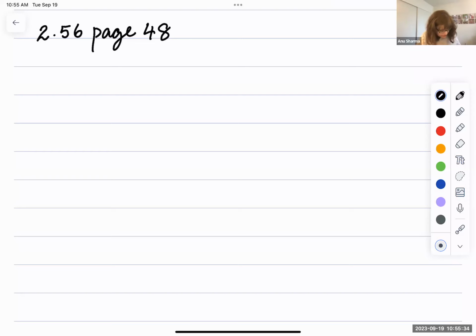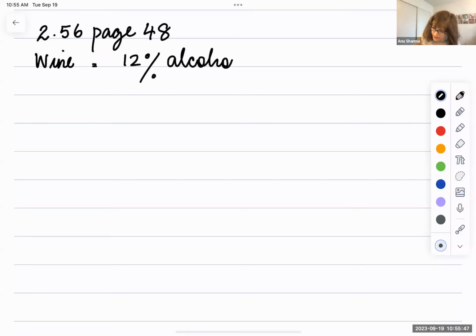Here they are giving you a wine is 12% alcohol by volume. So wine is 12% alcohol by volume.